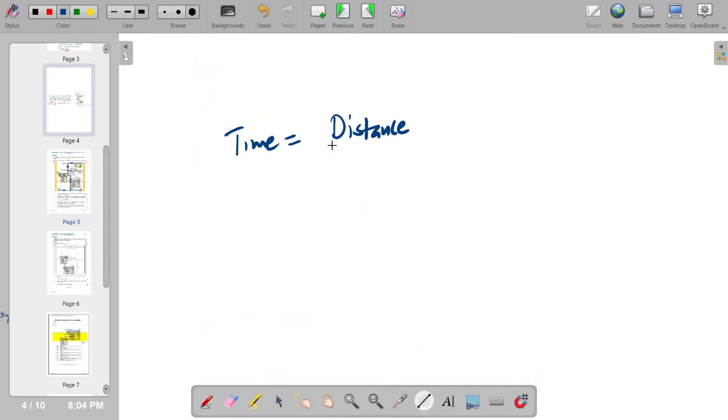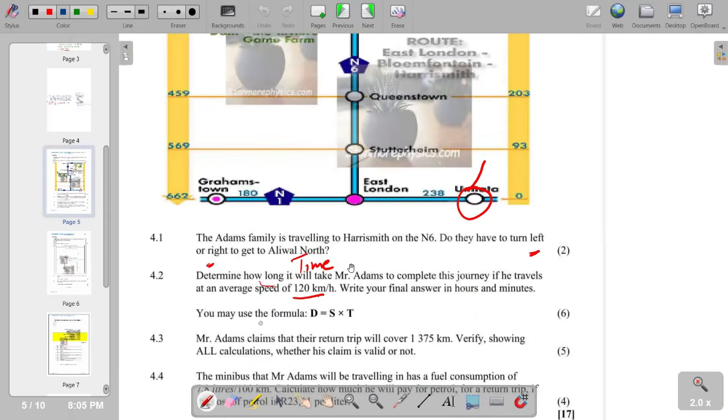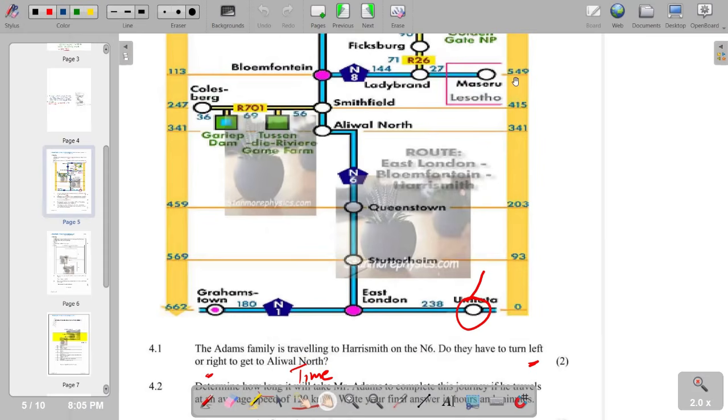So we say distance over speed. So basically this is what we have. And of course our distance is given, we said is 662.